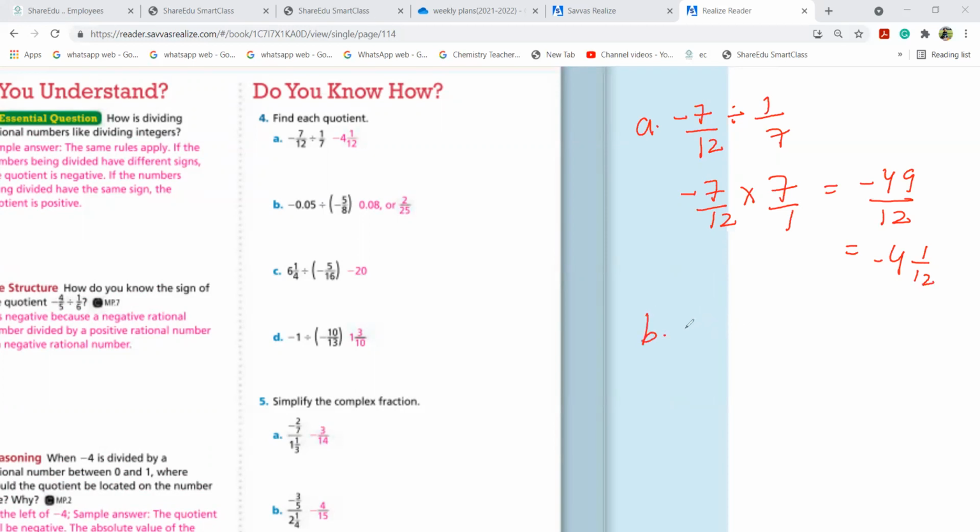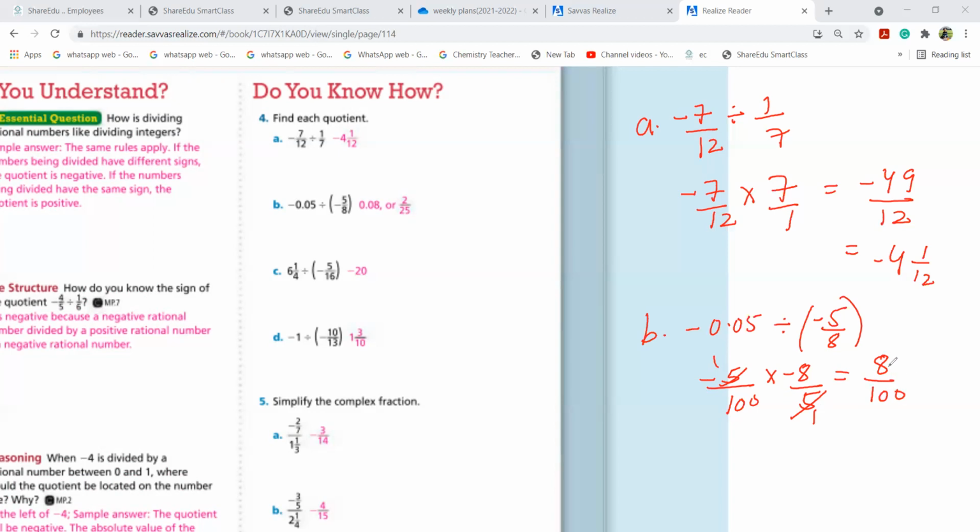B: minus 0.05 divided by minus 5 over 8. I change 0.05 to minus 5 over 100. Division becomes multiplication, and it is minus 8 over 5. Both are negative, your answer is positive. 8 over 100.